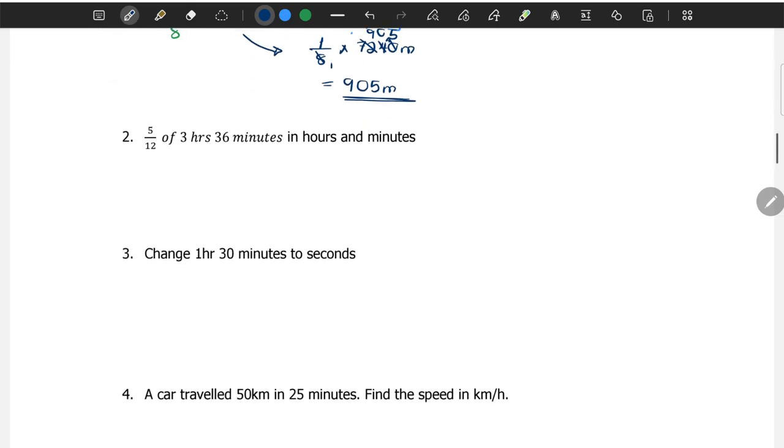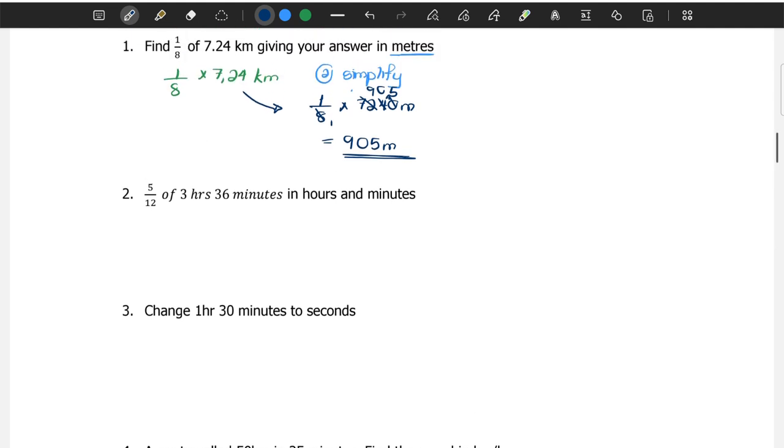Then the next question says 5/12 of 3 hours and 36 minutes, in hours and minutes, right? So when you're dealing with time, the best way is to not work with both minutes and hours. You have to first convert to minutes, make the calculation, and then convert back to hours, because it's much easier that way.